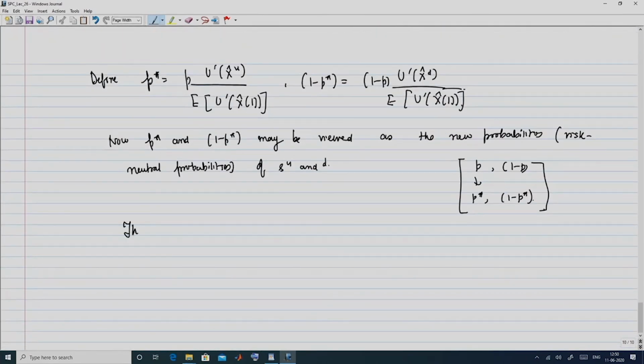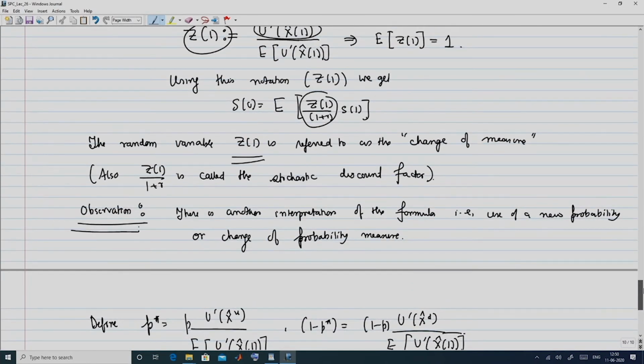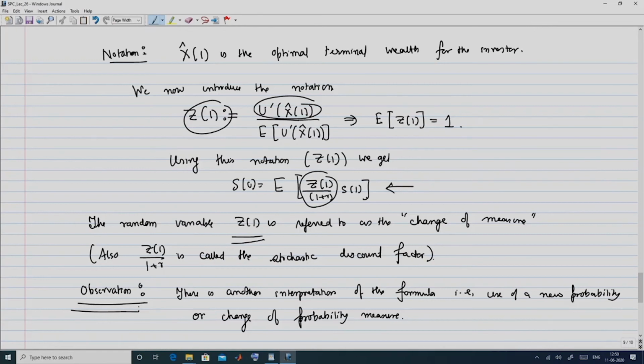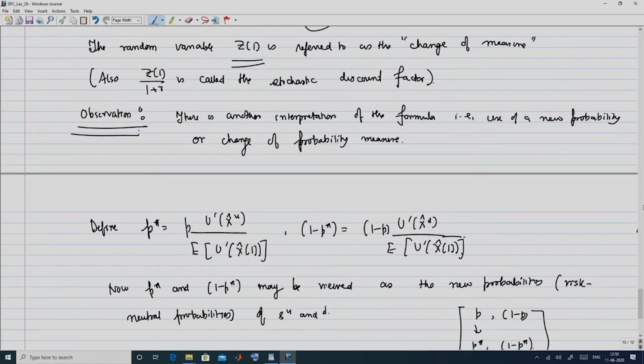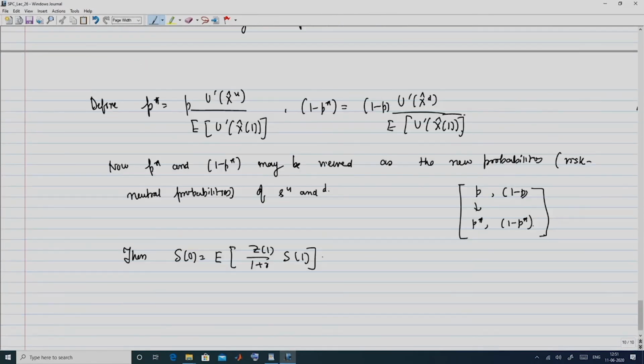So, accordingly, we can write that S0 is equal to E of Z1 over 1 plus R S1. This is one expression for S0 we had got, and then we reconcile it with the previous expression, and it can be shown that this is nothing but E star of S1 over 1 plus R.